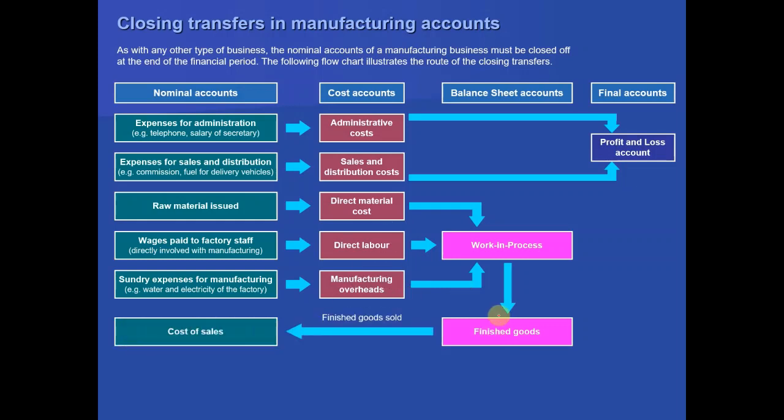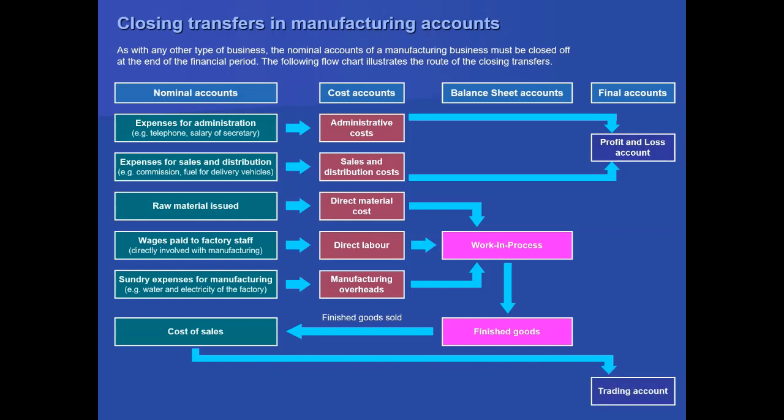And then the finished goods that we are selling, we remove from finished goods and transfer to our cost of sales, which is a nominal account. The cost of sales we transfer to our trading account, which is a final account.